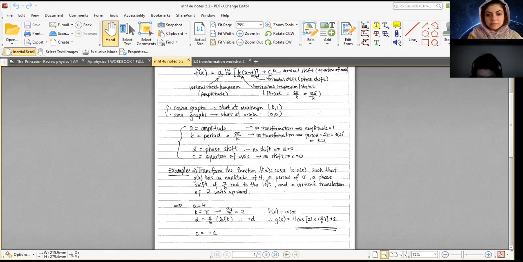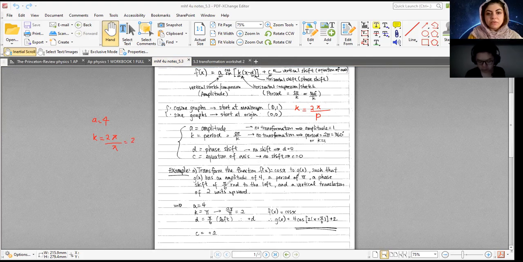So since it says amplitude of 4, A is equal to 4. How about K? Say the period is pi. I know the period is equal to 2 pi over K. If I want to find K, it's going to be 2 pi over the period. The period is pi. So K is equal to 2.